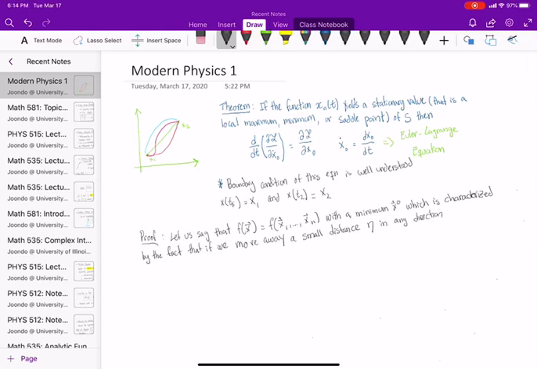So in any direction means you can move north, east, west, south, whatever you want, it doesn't matter, any direction. Then the action of f, which we here denote by the lowercase delta f, vanishes.